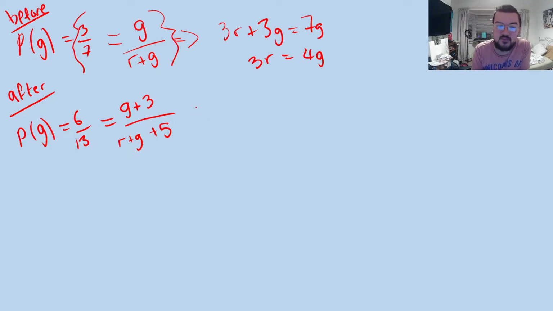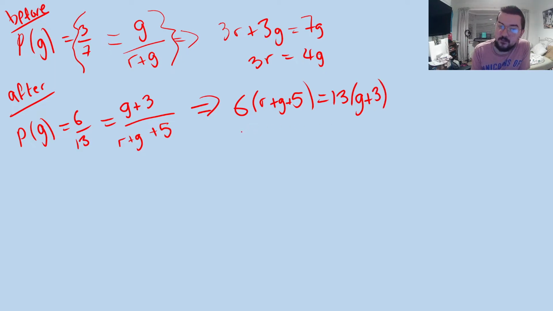And we do the same as we did before. We cross multiply and we solve so we can express R in terms of G or G in terms of R. So we times both sides by 13, we times both sides by R plus G plus 5. We get 6 lots of R plus G plus 5 equals 13 lots of G plus 3.